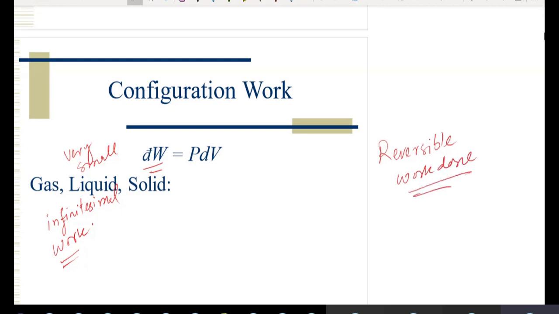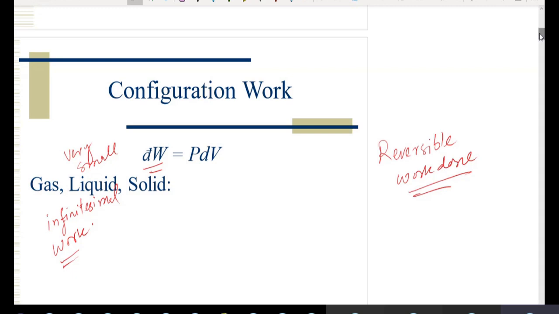And this has really huge usefulness in thermodynamics. So our system can be a gas or a liquid or a solid, and we will see how one can calculate work done in every situation.